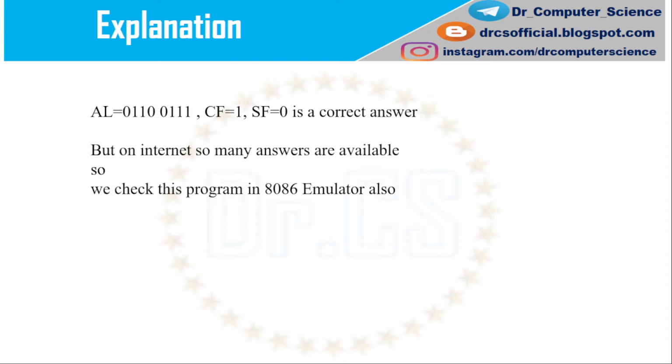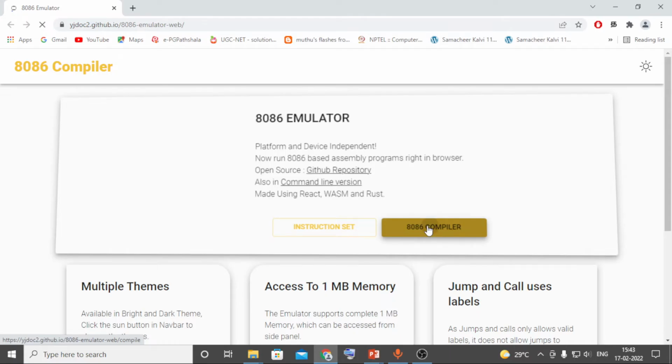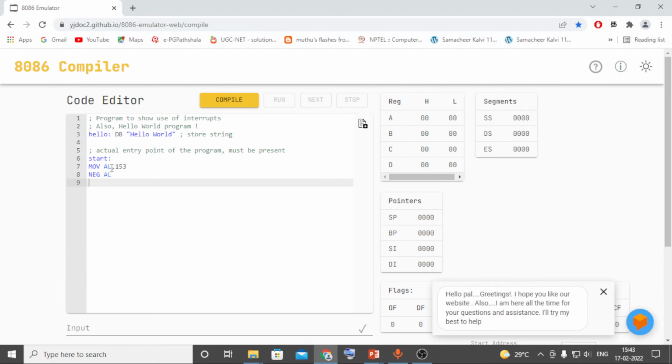But online, many wrong answers are available. So we check this program in the 8086 emulator. In the 8086 emulator, we type this program, MOV AL, 153 and NEG AL.